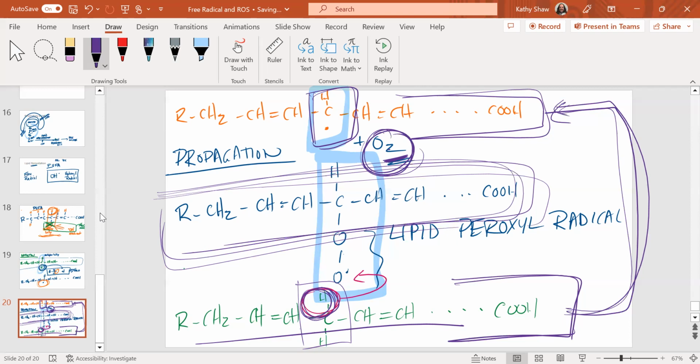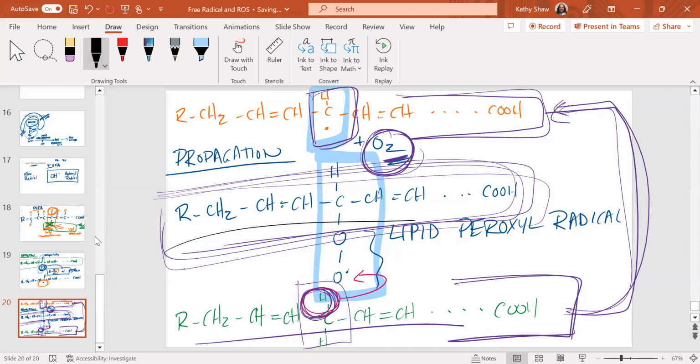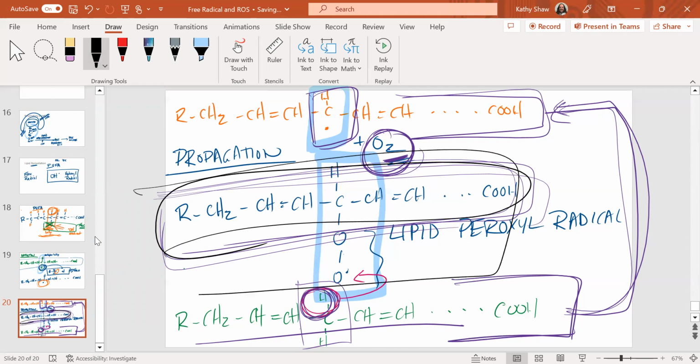So what we're going to do in termination is I'm just going to draw an R. I love having colors. I'm just going to draw an R for this part of the molecule. So I'm going to draw this molecule as R and the 2 oxygens.